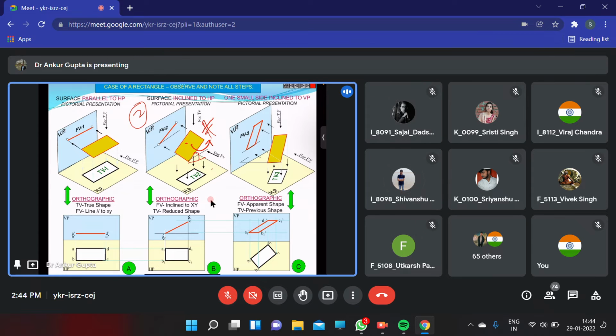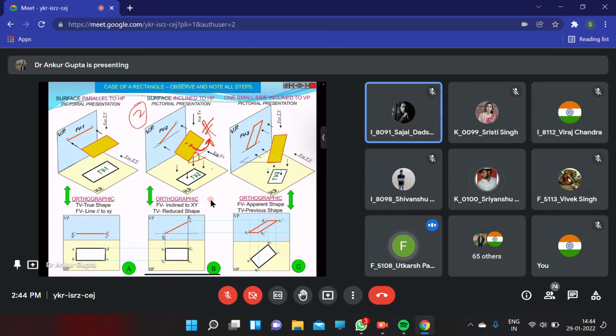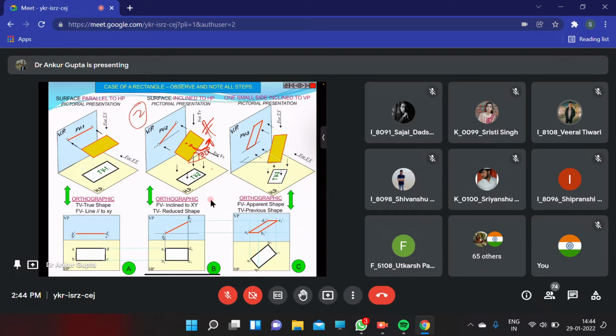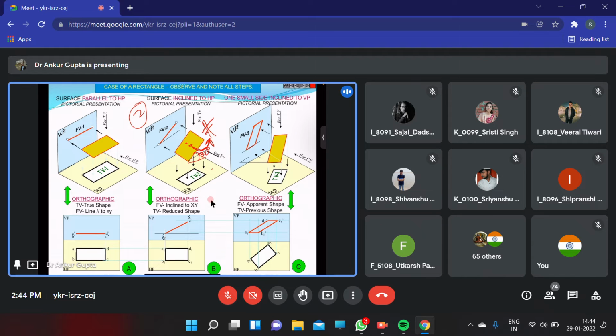Now I am rotating it like this. If I rotate it like this, I am making a new angle with which plane? The vertical plane. What about the horizontal plane? If it was 30 degrees, will it remain 30 degrees only? Yes, the same. Everyone, please pay attention. It is very important.